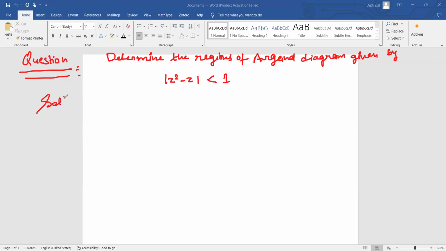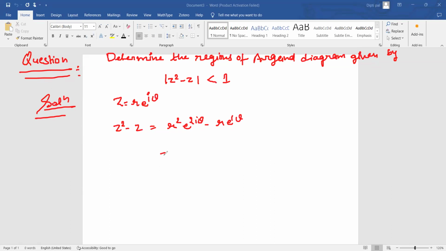Now we can solve it. We know that Z equals r e to the power i theta. So Z square minus Z will be r square e to the power 2i theta minus r e to the power i theta.